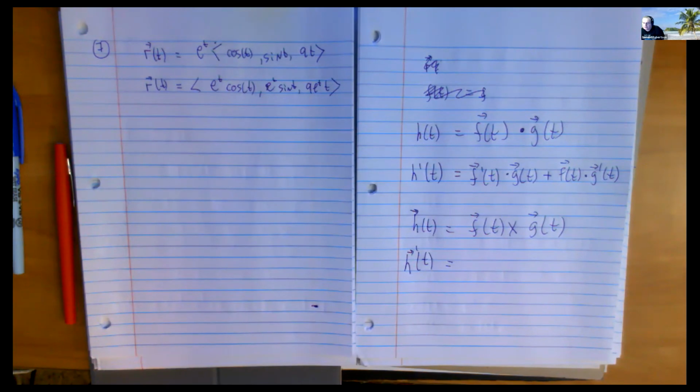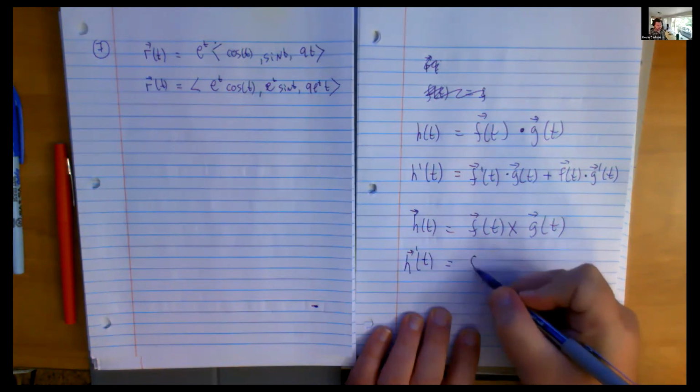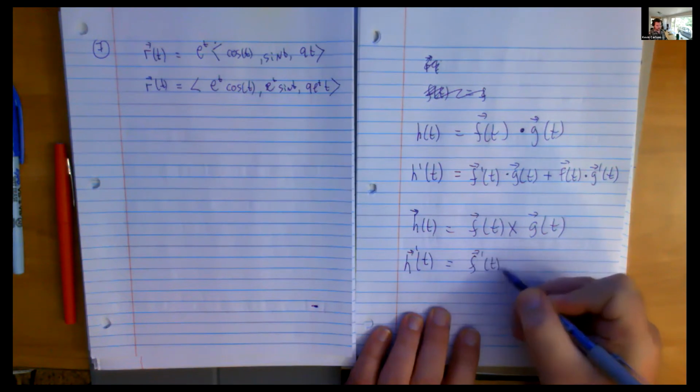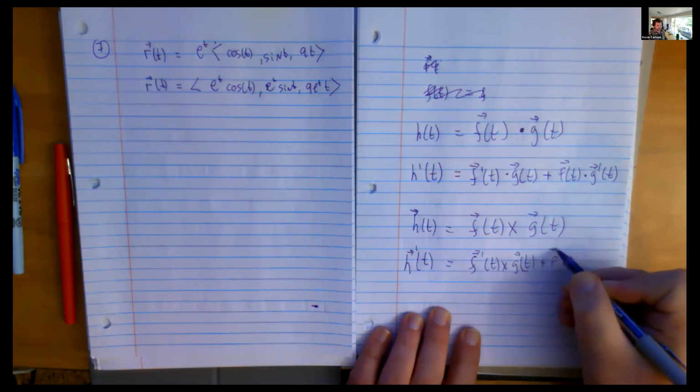What do you think its derivative might be? Probably f prime of t cross g of t plus f of t cross g prime of t.